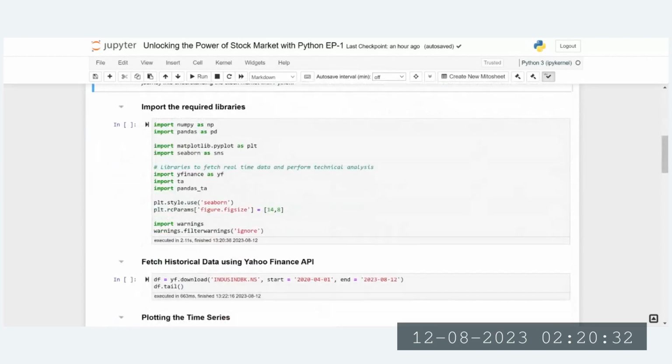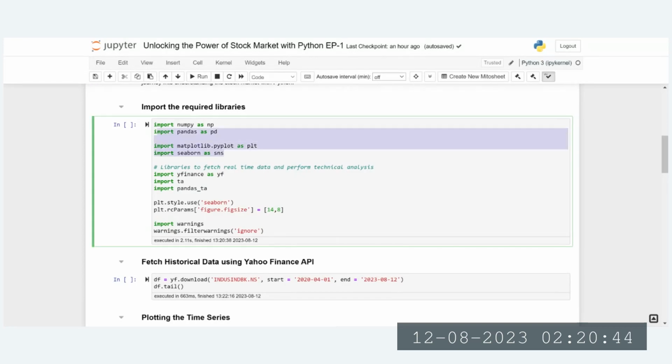So let's first understand what the different libraries are that can be used in order to work with stock market data in Python, right? Those who understand Python programming would know these are some of the basic libraries that we generally use for data manipulation and visualization: NumPy, Pandas, Matplotlib, Seaborn, right?